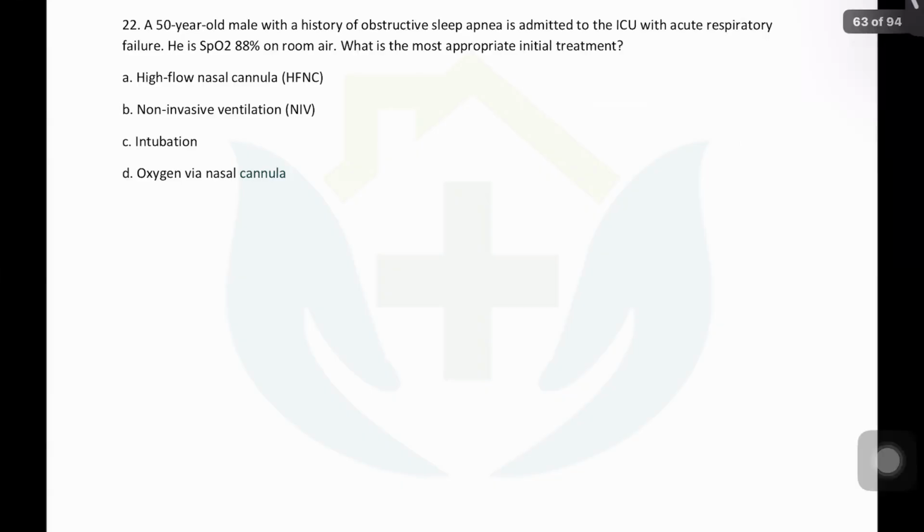But before that, a question. A 50-year-old male with history of COPD is in ICU with ARDS or acute respiratory failure with saturation of 88. So what is the target oxygen saturation in a patient of this kind? It's 88 to 92. 90 to 94. So we already have targets somewhere there only.